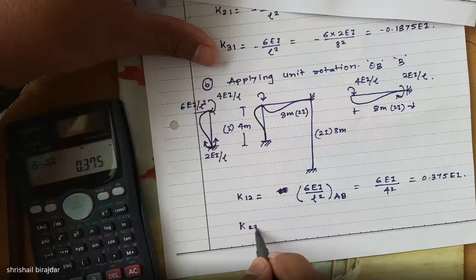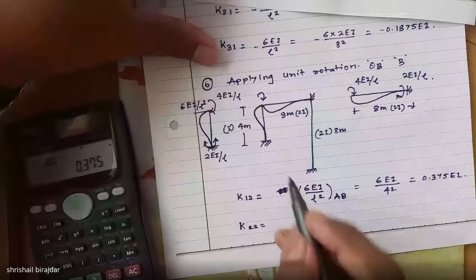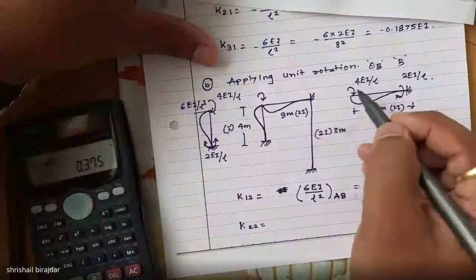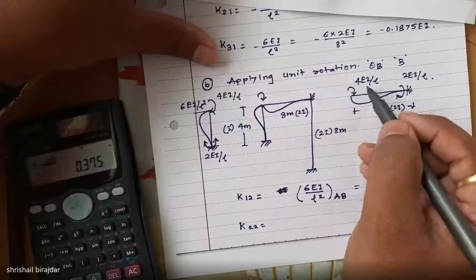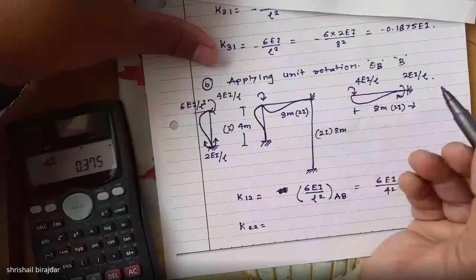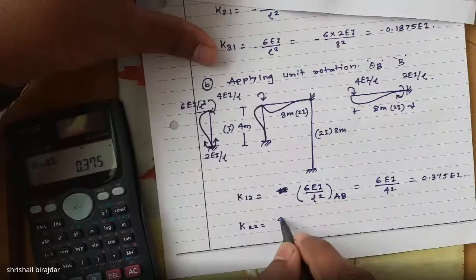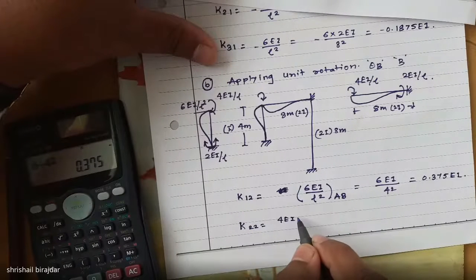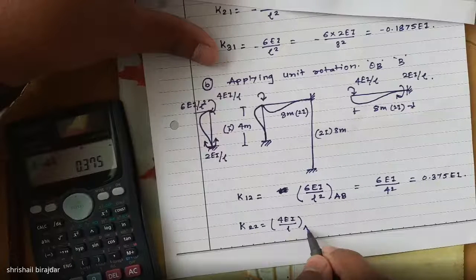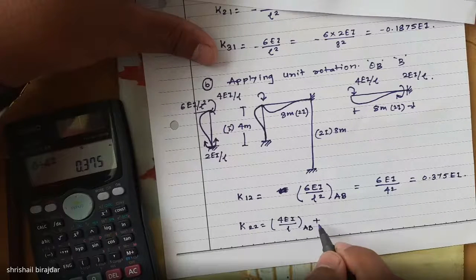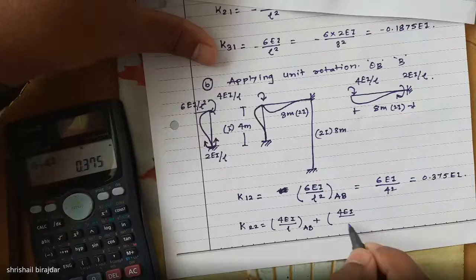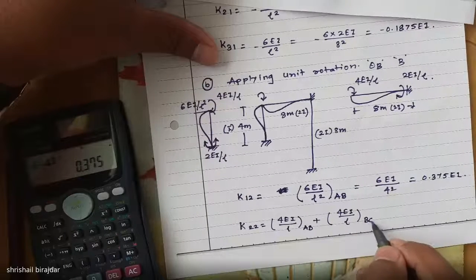Then try to find out the second coefficient, K22 equal to. Exactly, you just refer to these two moments, 4EI plus 4EI. But here 4EI by L and here 4EI by L are different. So we'll directly write 4EI by L for column AB plus 4EI by L for beam BC.